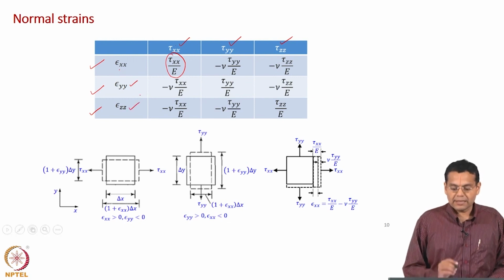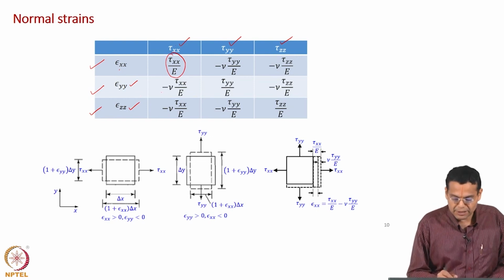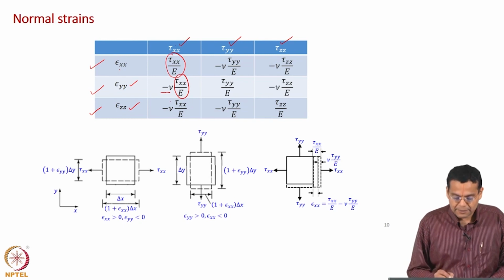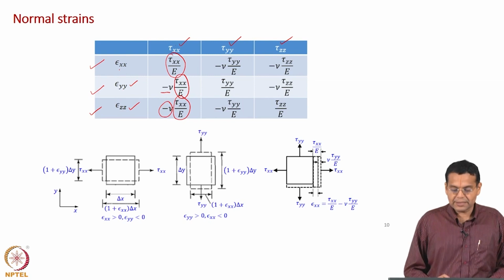How are they related? Minus nu times the epsilon xx value, that is why you have minus nu into epsilon xx, which is tau xx by E. Similarly, the strain along the z direction, which is another perpendicular direction, is minus nu times epsilon xx, which is tau xx by E.